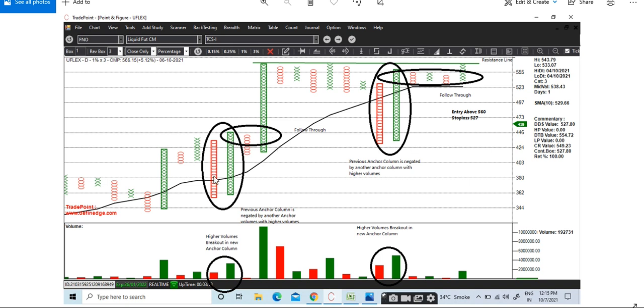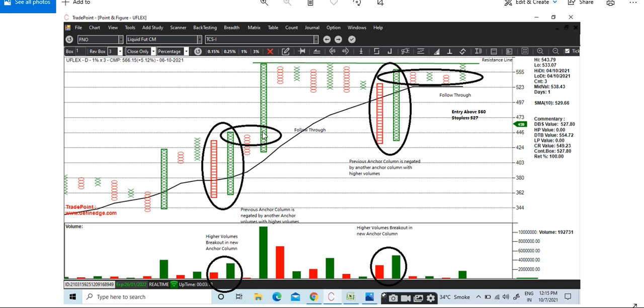So this is an ideal Climax pattern, which tells you that now the stock is with the bulls, right? In this case, we have seen that huge anchor column here as well. Again, then there was this bearishness, so it gave a triple bottom sell here, and then the bulls took over, and then we have a follow through.